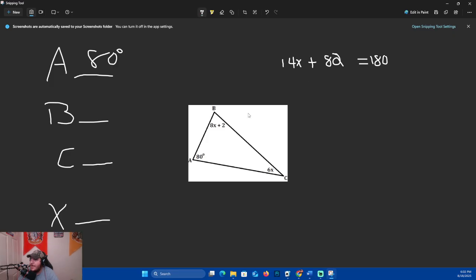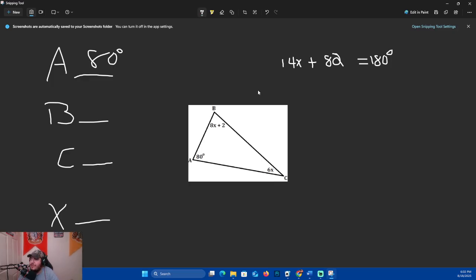Well, I think they kind of messed up here, but it's fine. These are like terms, the 80 and the 2, right? You'll see in a minute. So we combine our like terms inside of a triangle, and all of this would equal our 180 degrees that we're trying to solve for.